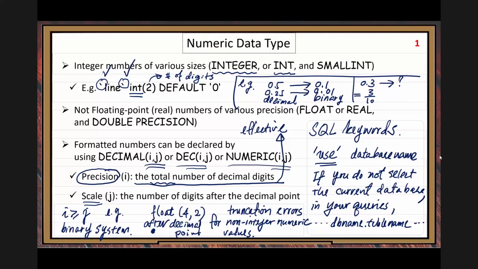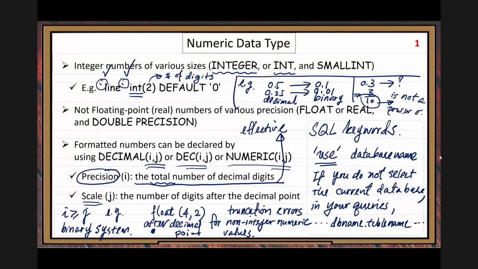If you convert it to binary representation, you need infinitely many bits after the binary point. Infinite, because here you can see the denominator is 10. 10 is not a power of 2.